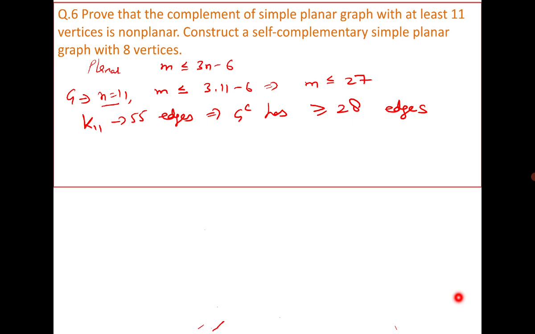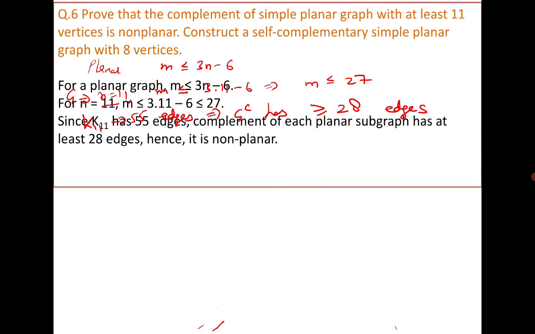Now if you think of a larger graph whose order is more than 11, then of course if it is a planar graph, it has a subgraph whose order is 11 and which is planar, and its complement comes out to be non-planar, which means that even for n greater than 11, the complement must have a subgraph which is non-planar, and that gives us a non-planar graph.